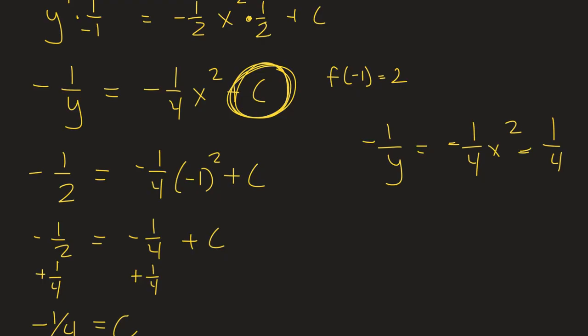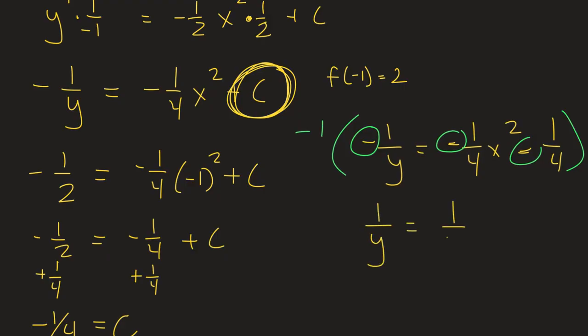Okay, solve this for y. So let's multiply all these things by negative 1. Right, multiply everything by negative 1, and that changes everything to a positive because they're all negative. So there we have all of them as positives.